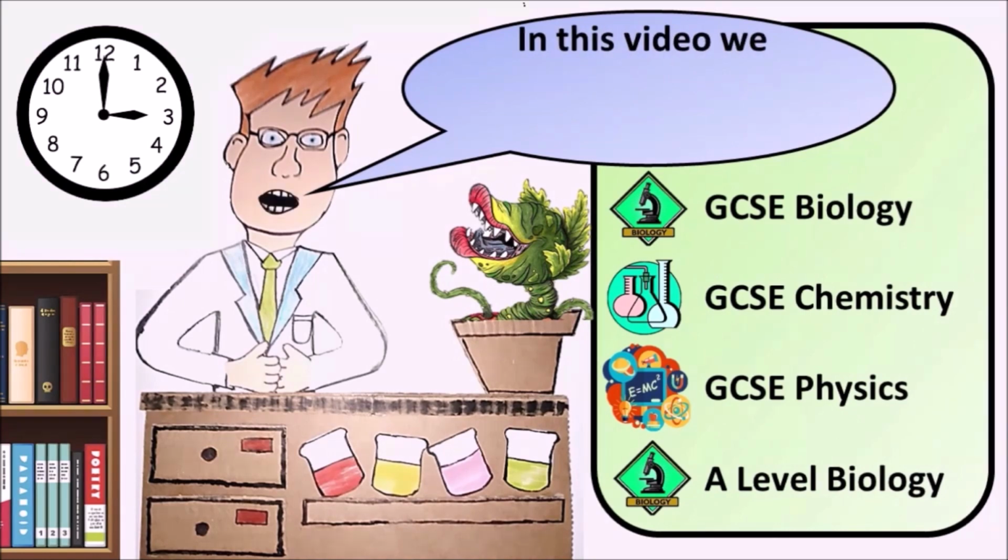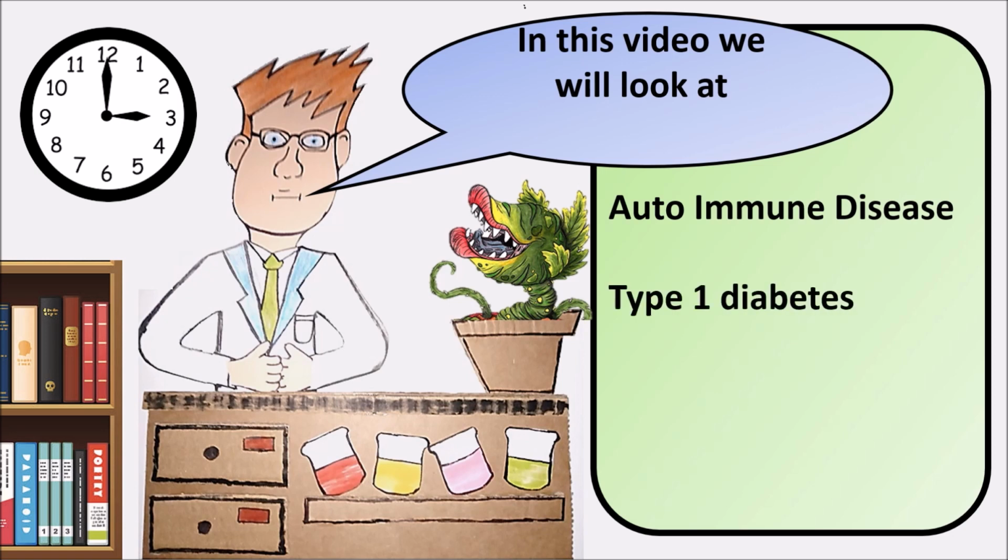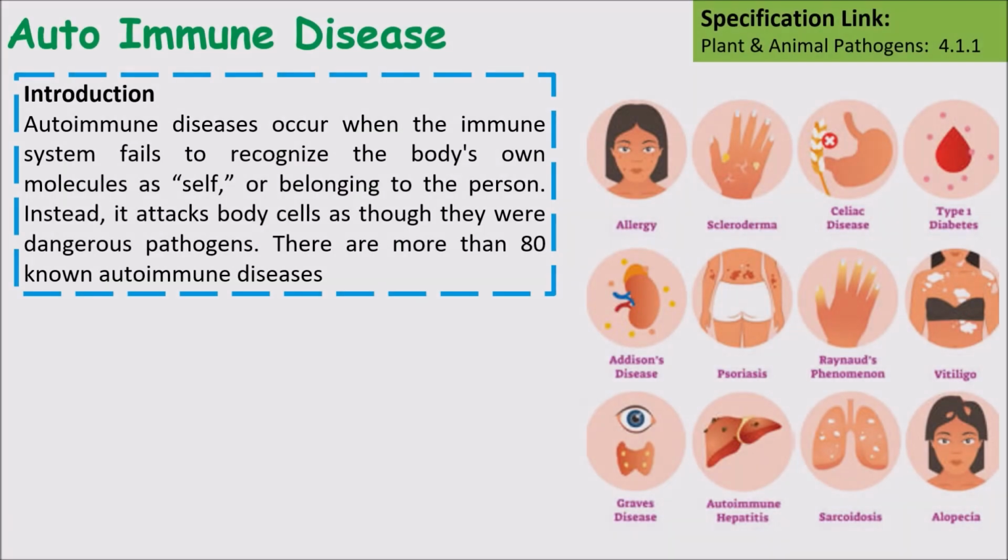In this video we will look at autoimmune disease, types of diabetes, rheumatoid arthritis and lupus. Autoimmune diseases occur when the immune system fails to recognise the body's own molecules as self, or belonging to the person.